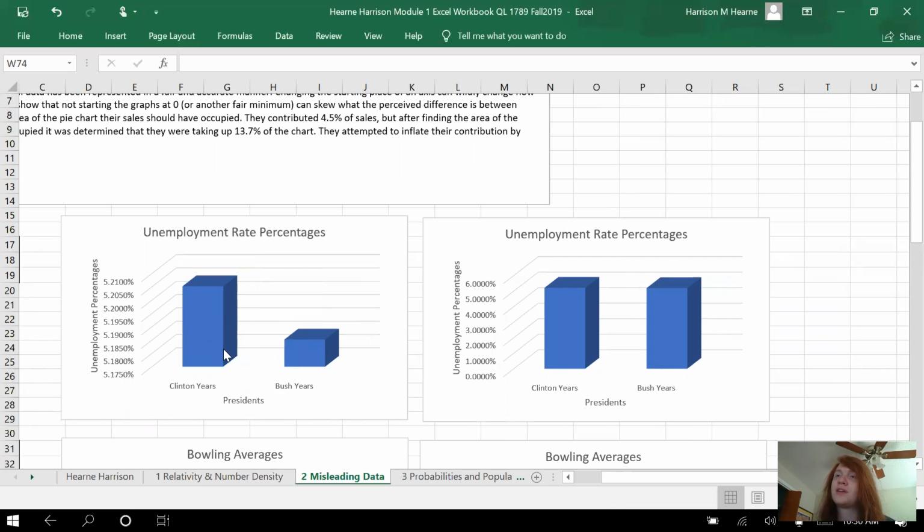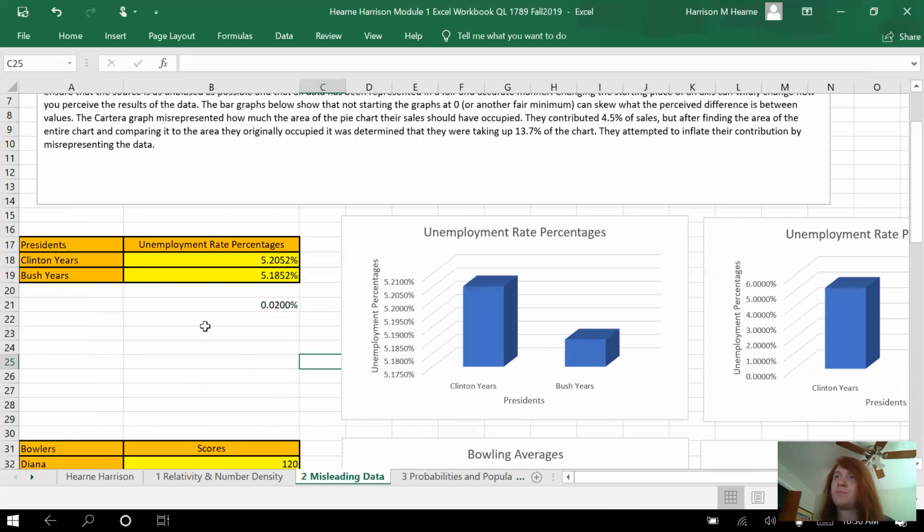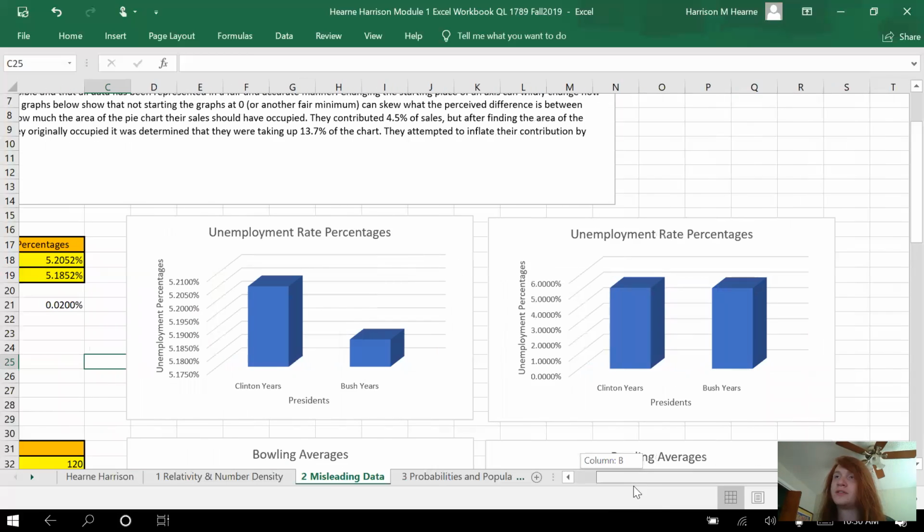That definitely makes you think that Clinton has, I mean, to my eyes, that bar looks about 3 times as big as Bush's bar. So that makes people believe that Clinton's unemployment rate was 3 times bigger than Bush's, which is not true. That is such a negligible difference. There's essentially no difference between their unemployment rates.